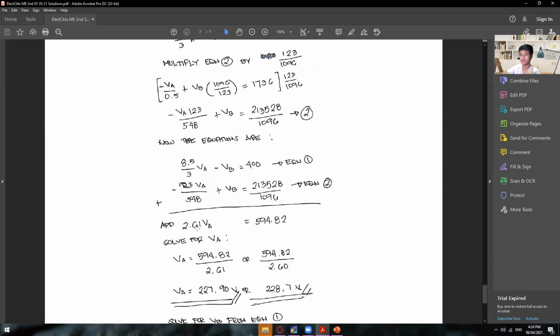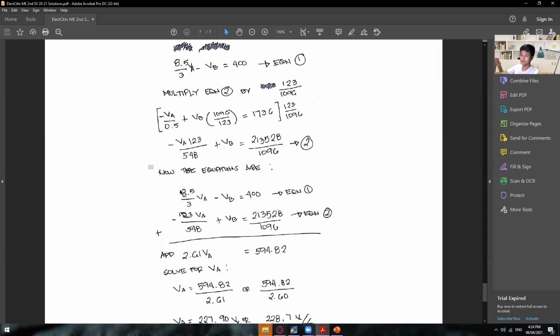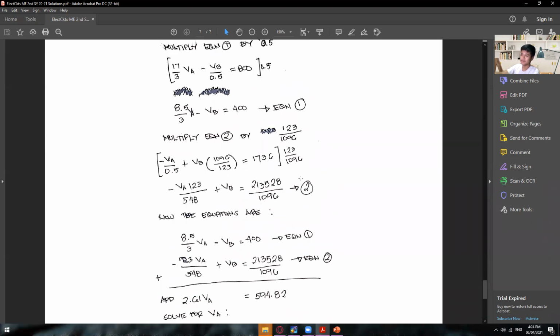Binabawi ko yung sinasabi ko. Okay, I retrieve what I have said. The one that I really use is simultaneous equation. So I thought that I have come up with another equation using those equation 1 and 2, but it's not. Okay, so I've just made it more simple, by multiplying and dividing the numbers right here.